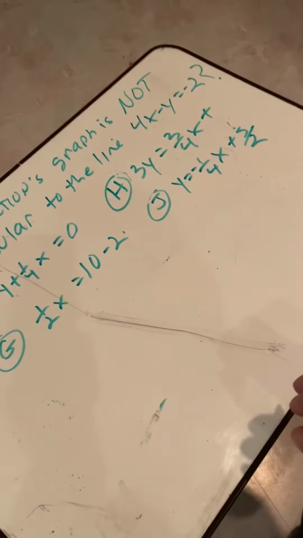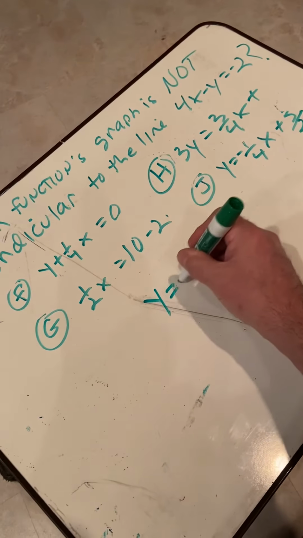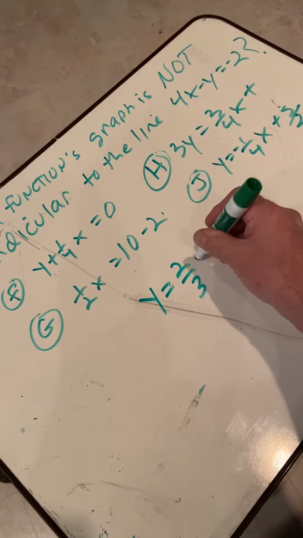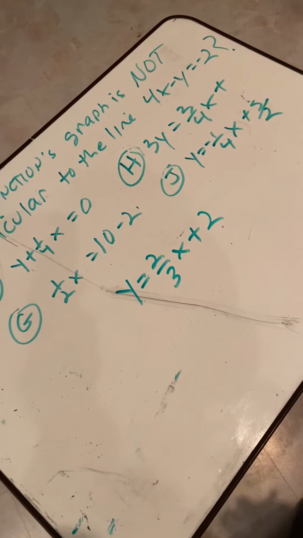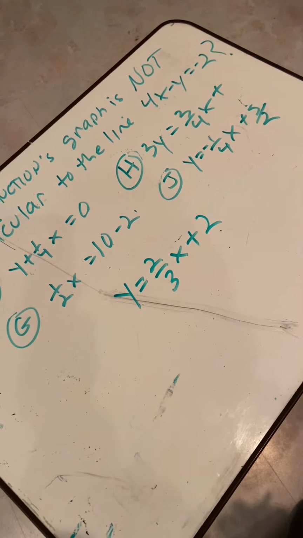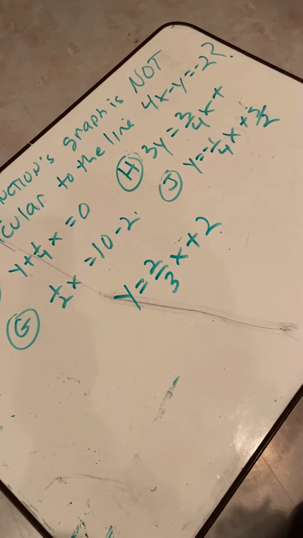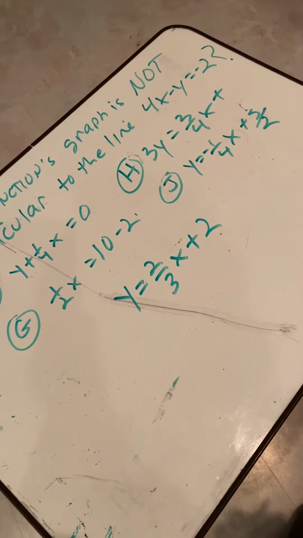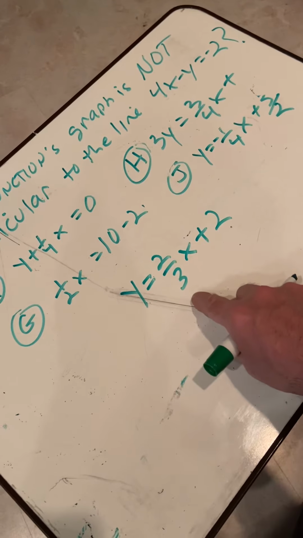So in order for two lines to be perpendicular, we have to look at the slopes. Perpendicular lines have a particular relationship when it comes to their slopes. They are negative inverses of each other. So this is our m, this is our slope of this line, 2 over 3.